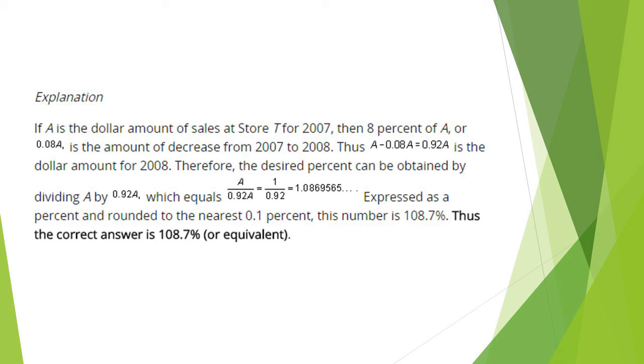Therefore, the desired percent can be obtained by dividing A by 0.92 times A, which equals A over 0.92 times A, which also equals 1 over 0.92, or 1.0869565. Expressed as a percent and rounded to the nearest 0.1%, this number is 108.7%.